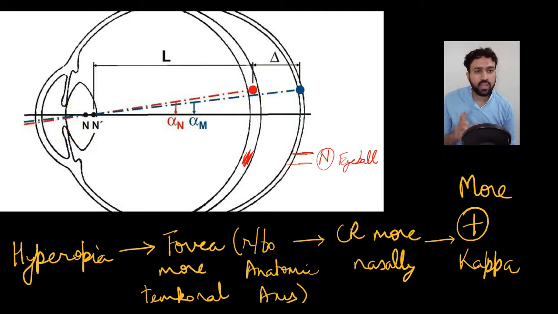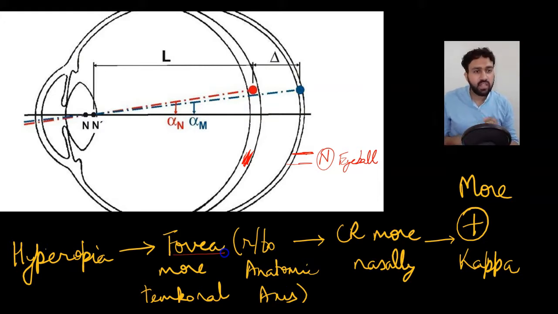So in hyperopia, the positive angle kappa increases. Basically, the fovea moves more temporally in a hyperopic eyeball, and because the fovea moves temporally, the corneal reflex is seen more nasally. More nasally means a higher angle kappa, and it's going to look like an exotropia because of the Hirschberg test, right?